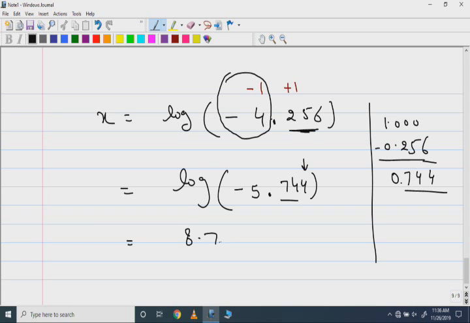This is 8.716 into 10 to the power minus 5. Okay. This is the answer for this one.